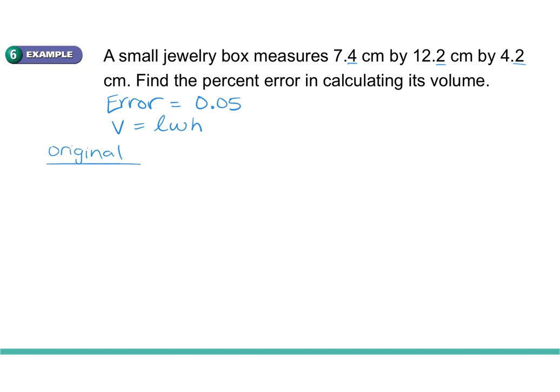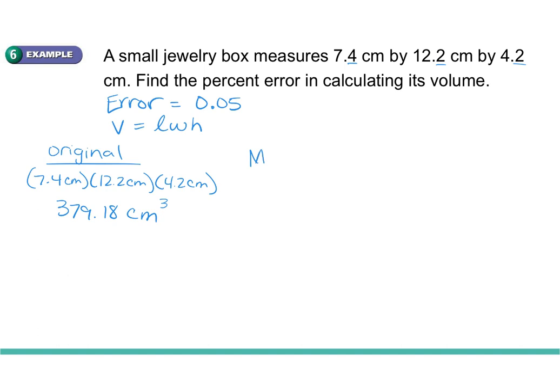So our original volume, we are just taking the 7.4 centimeters times, let me change this, times our 12.2 centimeters times our 4.2 centimeters. Once I calculate that, that's going to get me 379.18 centimeters, and this is going to be cubed because we had 3 of them we multiplied together.